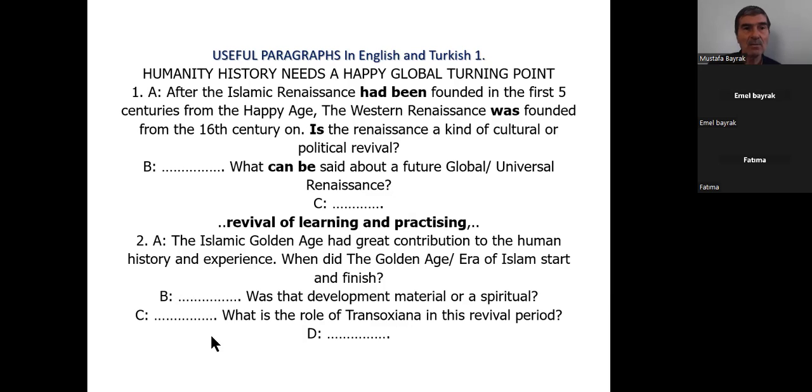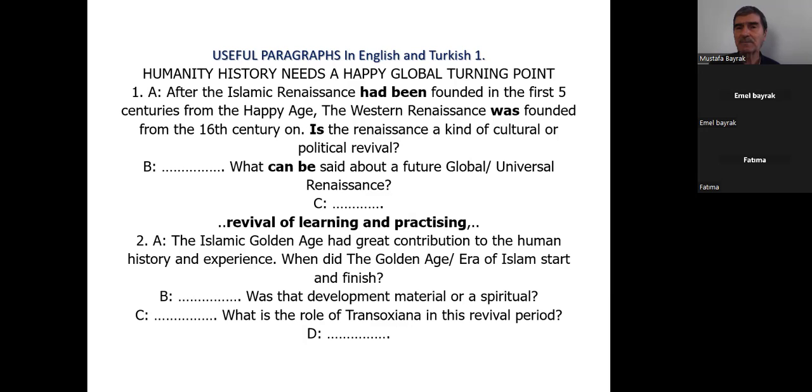Okay. Now, 1A says, after the Islamic Renaissance had been founded in the first 5 centuries from the Happy Age, the Western Renaissance was founded from the 16th century on. Is the Renaissance a kind of cultural or political revival? Of course, first and foremost, it's a cultural and civil revival.